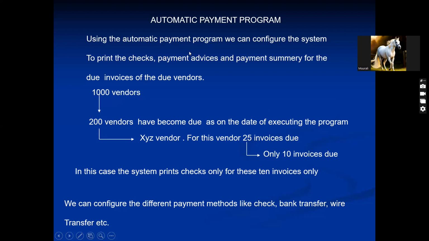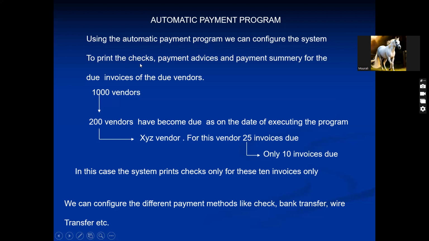So when applying the automatic payment program, the system will consider only those 10 invoices. If anyone asks how the system is picking only particular invoices, you need to say based on the due date. Whenever the invoice comes due, only that invoice will the system pay.